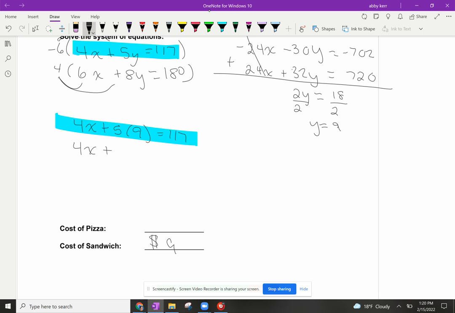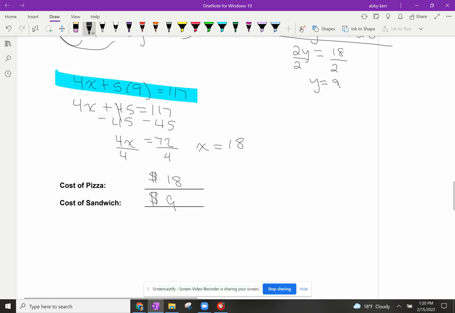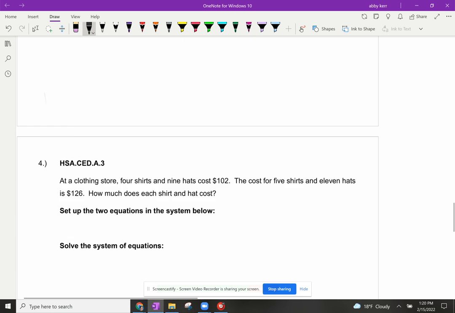Multiply, and then it becomes a two-step. And then x equals 18. So the cost of each pizza was $18, and the cost of each sandwich was $9.